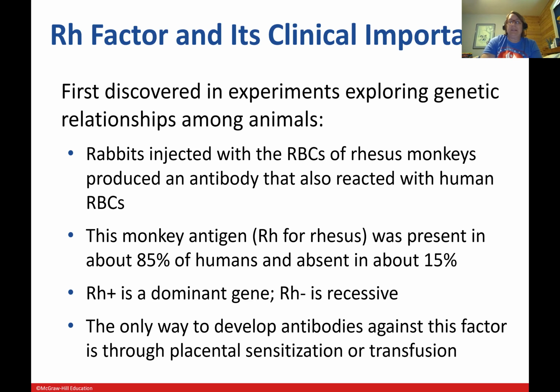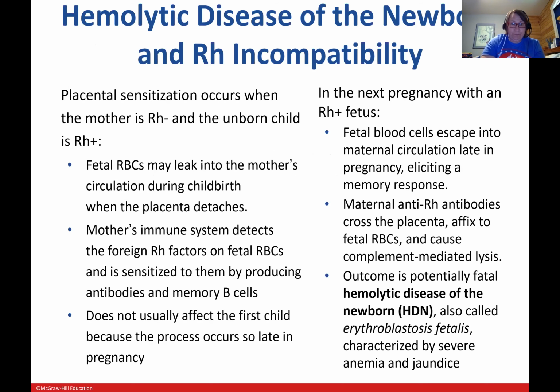And the only way to develop antibodies against this factor is through sensitization across the placenta, and this is the case with the Rh negative mother and the Rh positive baby, or a transfusion that doesn't take this Rh factor into account. Okay, so placental sensitization occurs when an Rh negative mom and an Rh positive fetus have some kind of a blood crossing event.